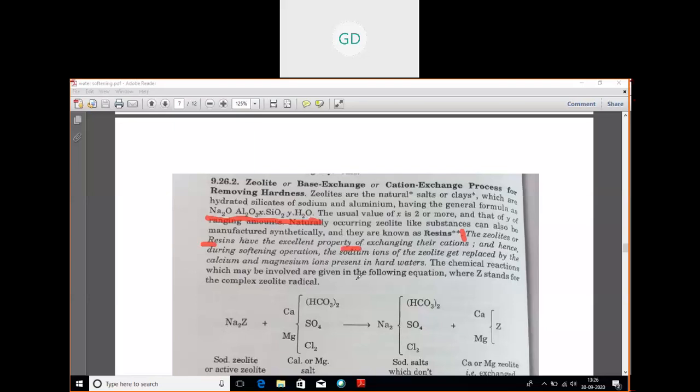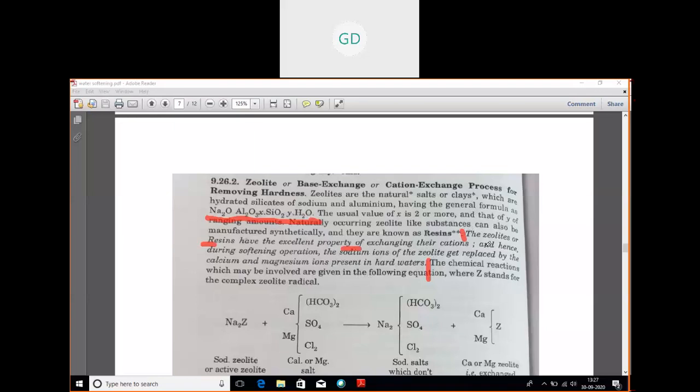Cations, anions, everyone knows, I guess. In chemistry you have studied all this. So during the softening process, the sodium ions of the zeolites get replaced by the calcium and magnesium ions present in hard water. So this is the work of your zeolites.